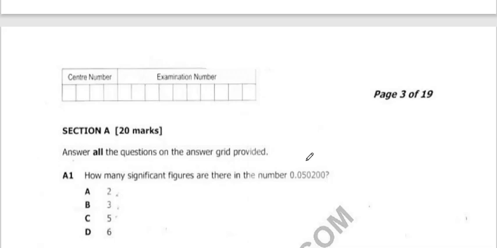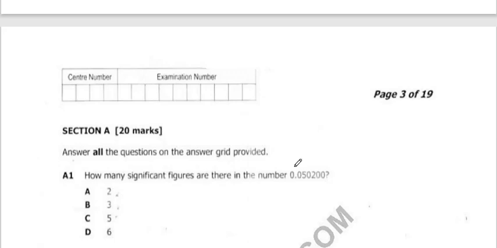all non-zero numbers are significant. So if a number is not 0, then it is significant. So numbers from 1 to 9 are significant. And when we are dealing with zeros, they are significant only if they meet certain requirements. Not all zeros are significant figures, but only zeros that meet certain requirements would be considered as significant figures.